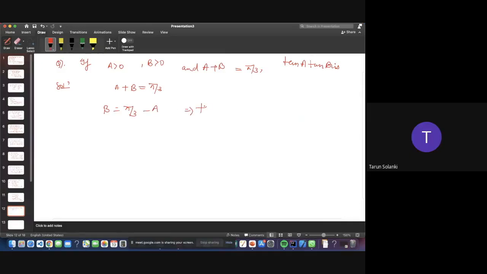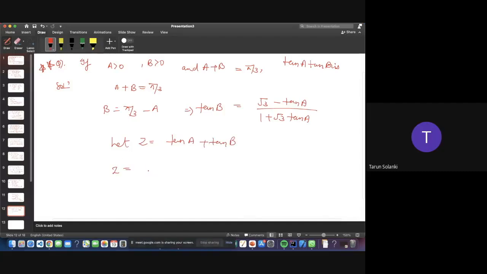So which means tan b is equal to (root 3 minus tan a) divided by (1 plus root 3 tan a). Okay, actually this is an advanced problem. So next, let Z be tan a plus tan b, right?